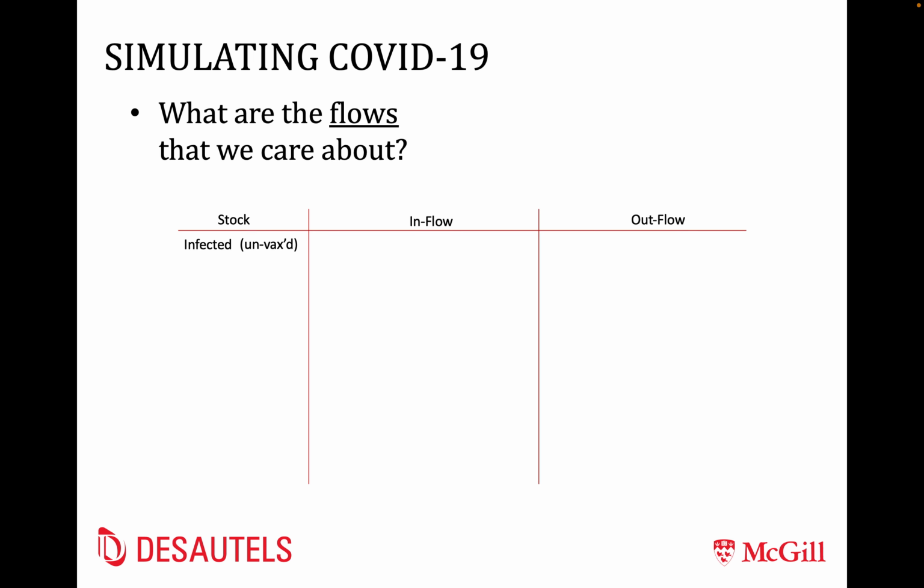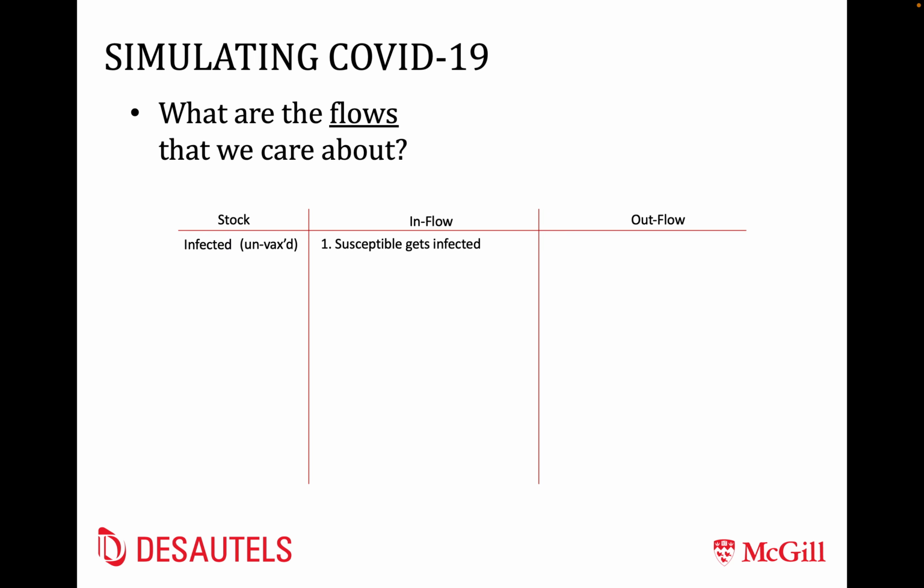I'll give you a second. Can you start thinking and writing down some possible ways in which you can increase the number of infected individuals, right? And start thinking about those other stocks. How can people from any of those stocks come into this particular category? What are the inflows into infected?